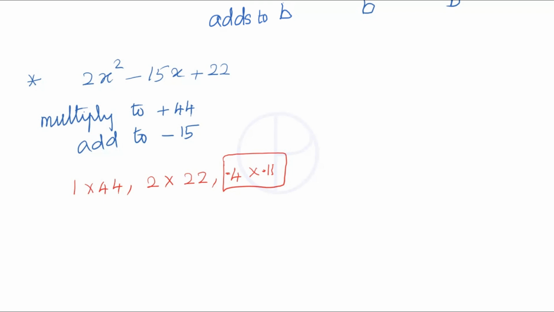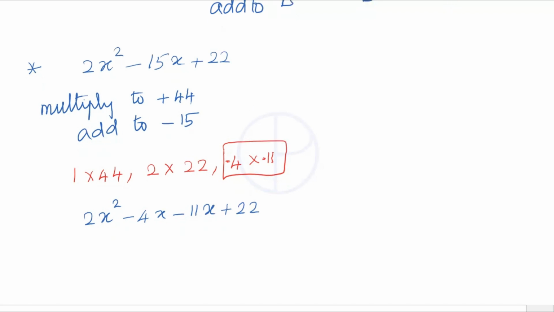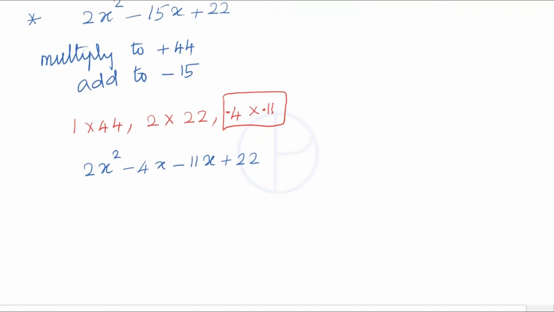Now split the second term. 2x square minus 15x can be written as minus 4x minus 11x plus 22. Now group the terms.